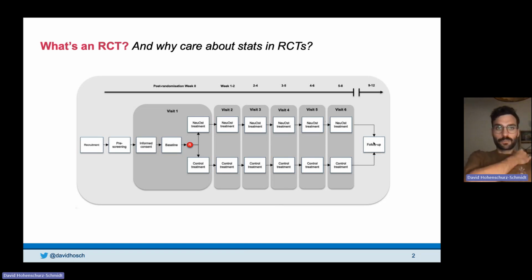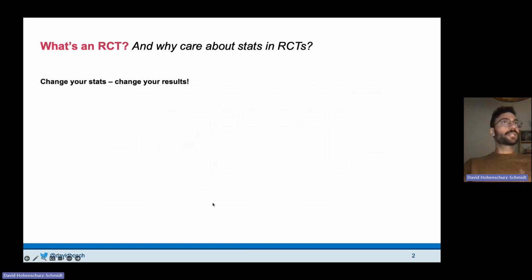So you're collecting tons and tons of data, and then these data are analyzed to identify a treatment effect over the control intervention. So you're comparing changes in the treatment arm against changes in the comparator. There are lots of ways in which how you do that can fundamentally influence your findings.